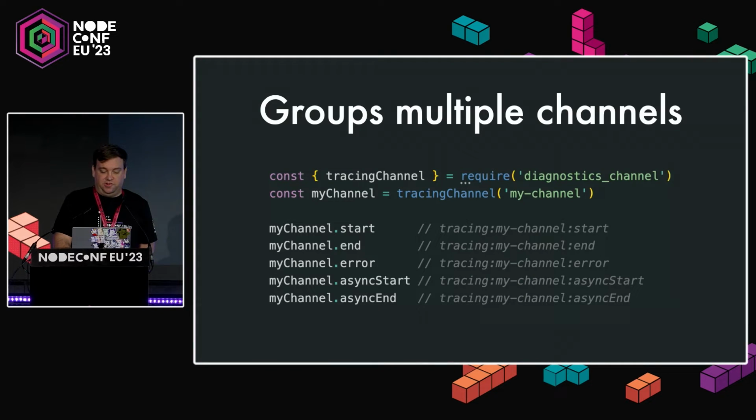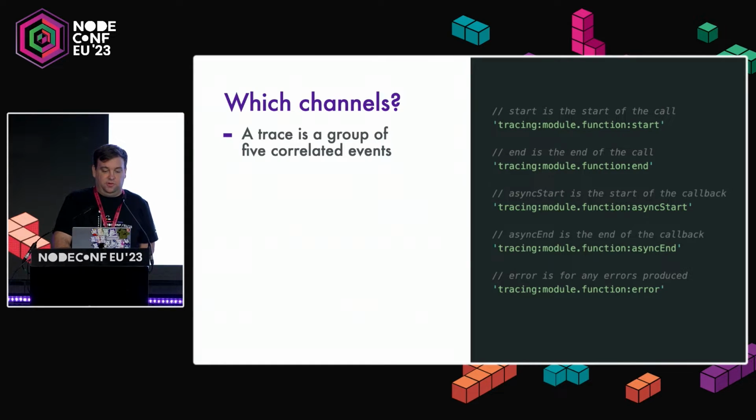So what about Tracing Channel? It's a group of multiple channels to represent a span. So there's 5 correlated channels. There's a start and end around the synchronous part of calling something. If it's an async call, then there's going to be an async start and async end around the callback, or promise continuation, or some future async thing.